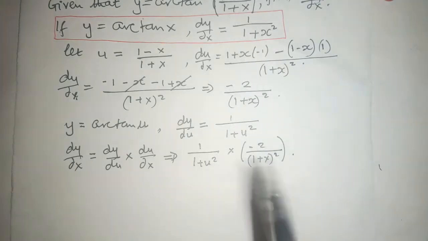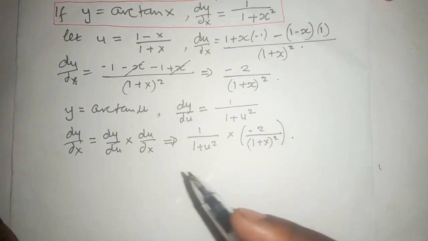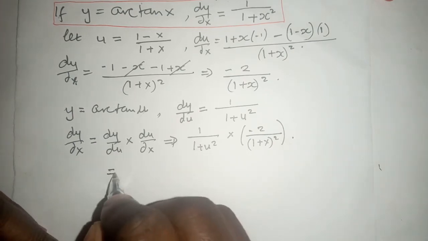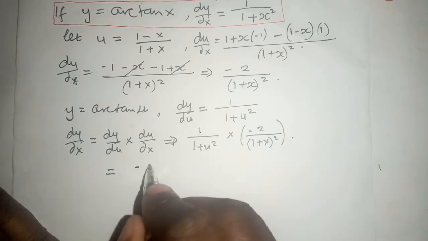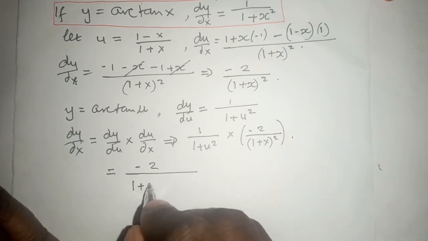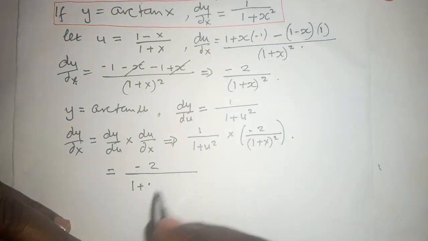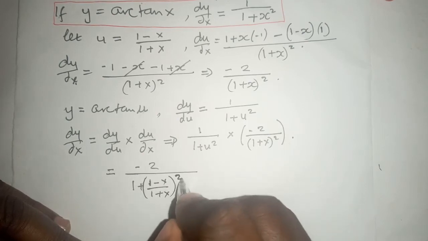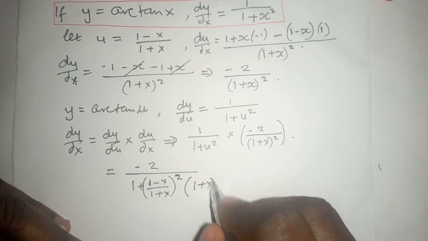And at that point, this is going to be equal to 1 times minus 2, which is minus 2, all over (1 plus u) squared, and u is now our (1 minus x) over (1 plus x), squared, multiplied by (1 plus x) squared.